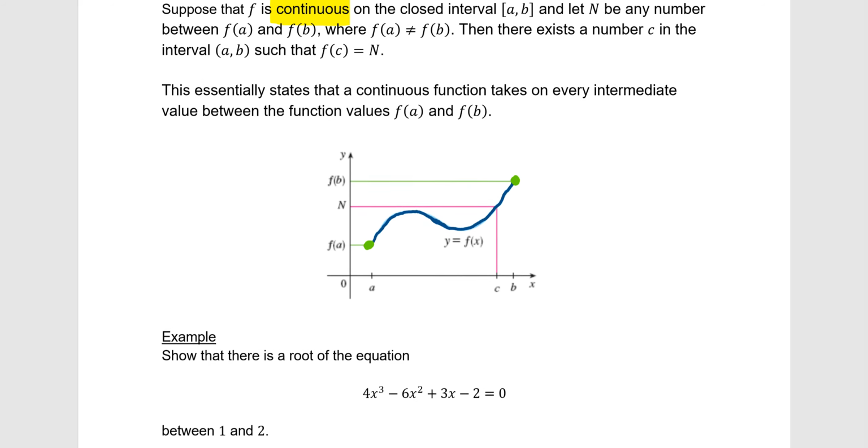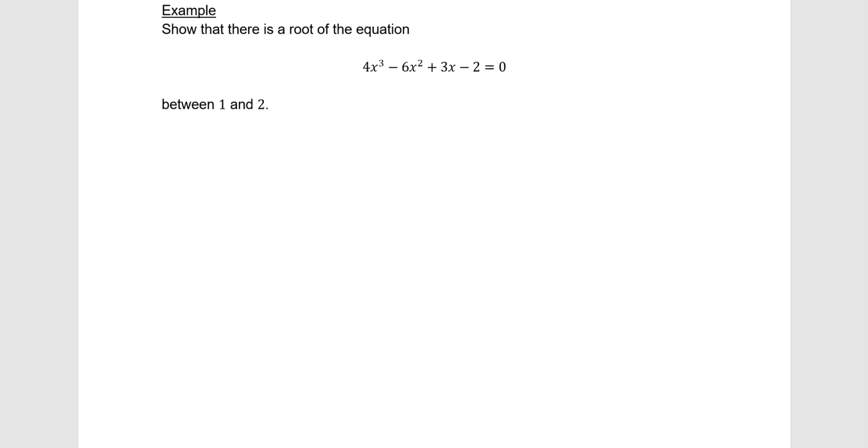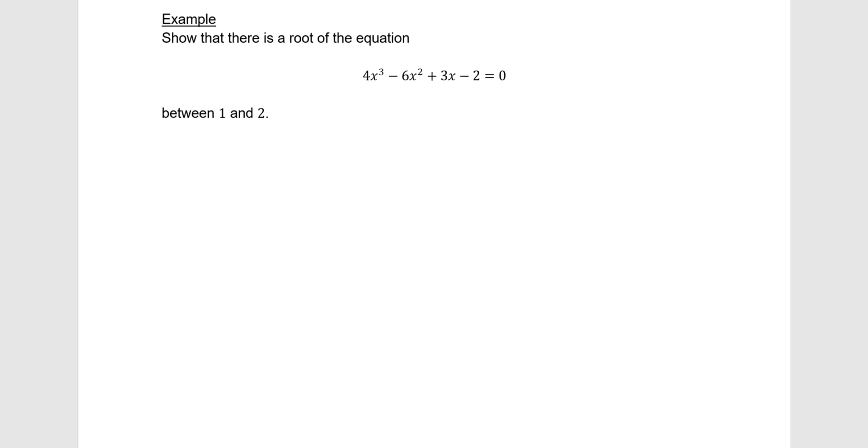So here's something that will hopefully make even more sense. Let's show that there is a root of the equation 4x cubed minus 6x squared plus 3x minus 2 equals 0 between 1 and 2. So we're showing that this function has an x-intercept between 1 and 2. So how do we do that? We need to use this intermediate value theorem.